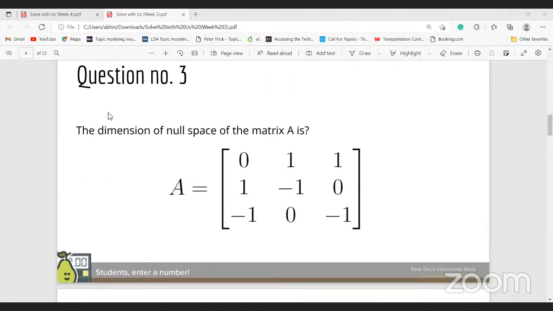Okay. This is question number 3. The dimension of null space of matrix A is. I hope you people know what is dimension of null space, dimension of column space, and row space.